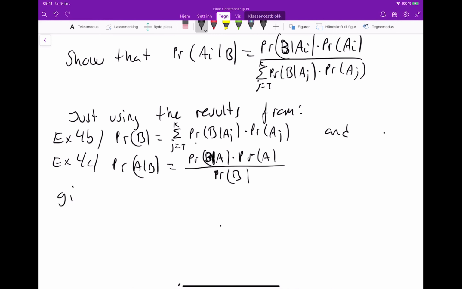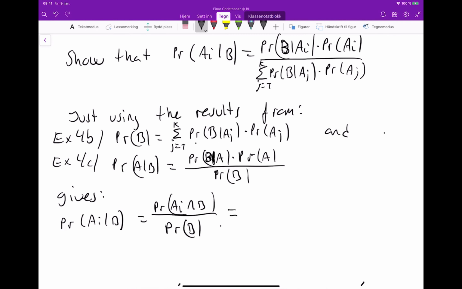Because these two formulas written here now give the probability of Ai given B is equal the probability of Ai and B divided on the probability of B. This is just the Bayes theorem.